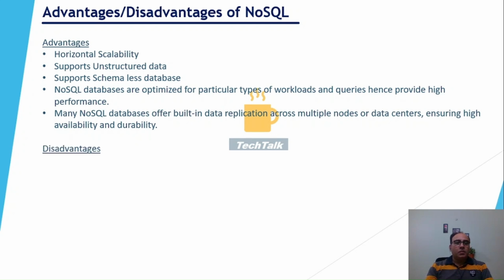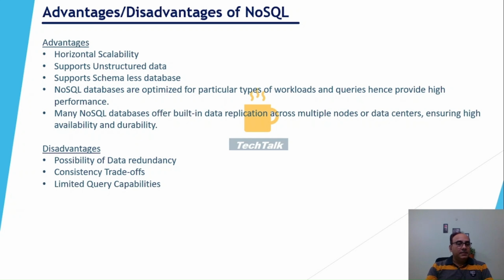Now let's talk about some disadvantages. First, the possibility of data redundancy. Data duplication is quite possible because it's a non-relational database. Imposing different sorts of integrity is not that easy, so there is a possibility of redundancy. Consistency trade-offs. As it focuses on availability and partition tolerance, there may be some consistency trade-offs.